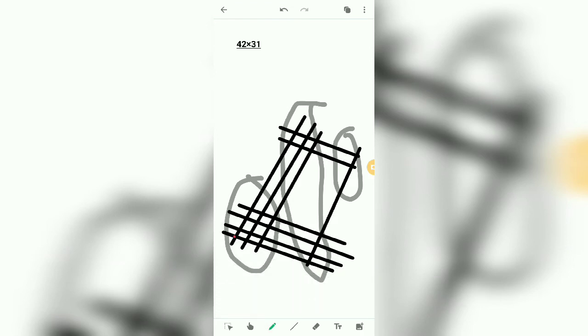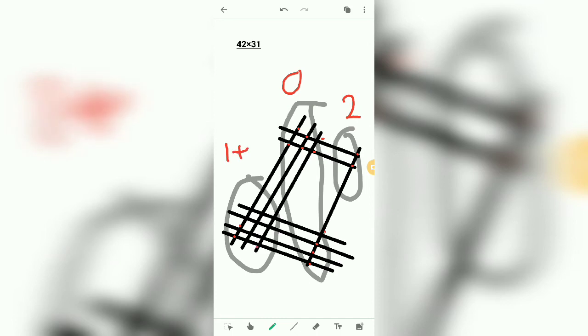No, let me start from the other side. 1, 2. 1, 2, 3, 4, 5, 6, 7, 8, 9, 10. So because it's 10 and then it's made up of 2 figures, you just take the last number, as in 10 has 1 and 0. So you just take the 0 and you move the 1 to the other side. So 1 plus what you would get over here.